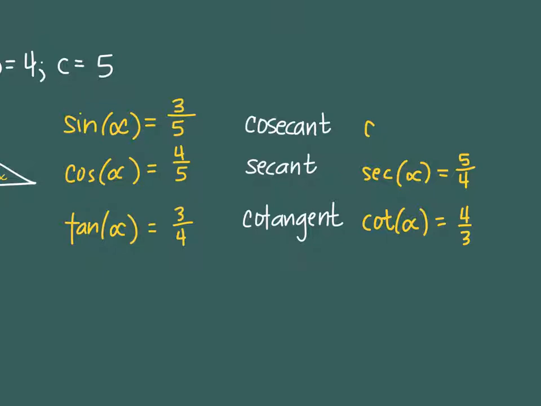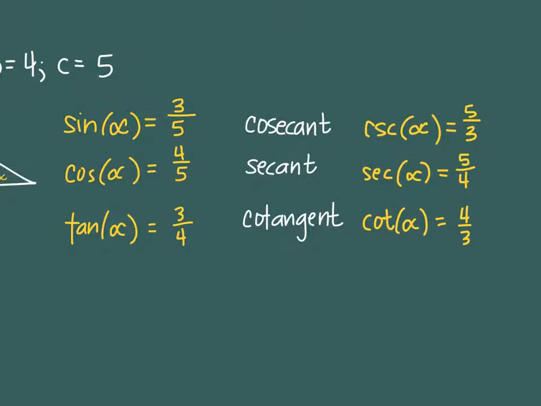So we have to come up with a different abbreviation instead, and the abbreviation for that one is the first 3 consonants, which are what? CSC, right? We skip the vowels, which are O and E, so it's CSC. That is cosecant, and the cosecant of alpha is the reciprocal, 5/3.